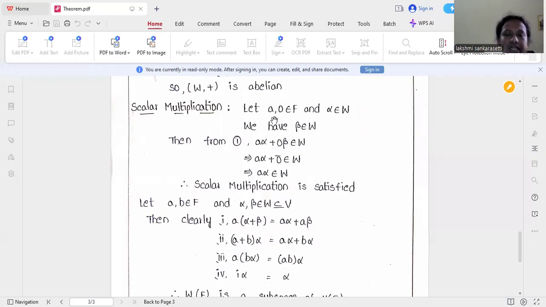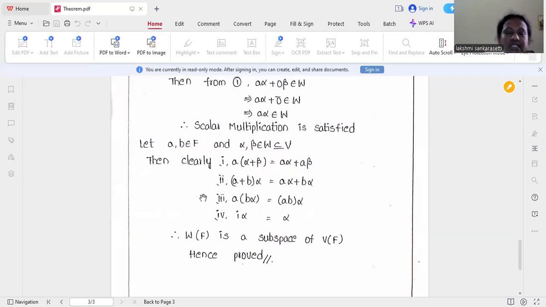For that, let A, 0 be any two scalars belonging to F and alpha a vector in W. And we have from the above, beta is an element of W. Then from 1, for these two scalars and these two vectors, we consider the combination A alpha plus 0 beta belongs to W. A alpha plus 0 into beta is A alpha plus 0 bar by basic properties of vector space in V. So A alpha plus 0 bar belongs to W, that is, A alpha belongs to W. So scalar multiplication is satisfied in W.